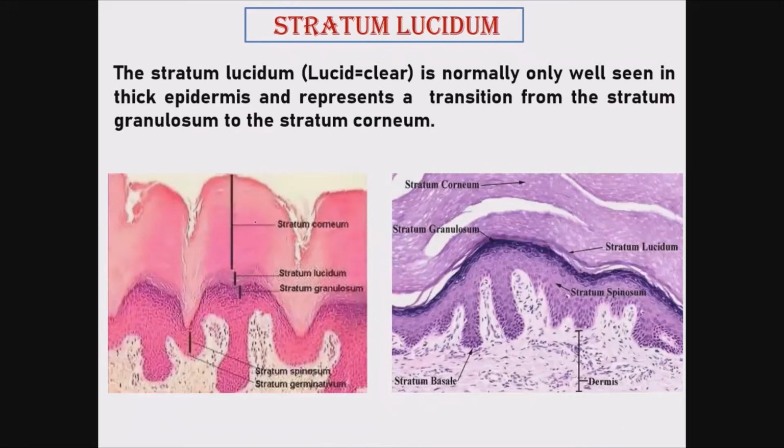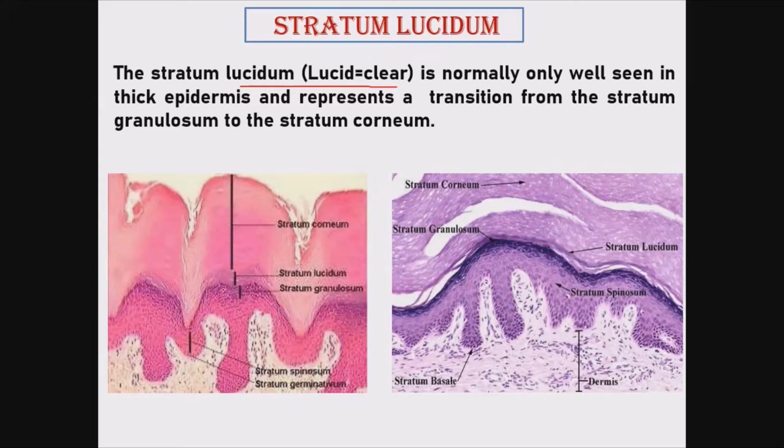The fifth layer, which is present only in thick skin, is stratum lucidum. Lucid means clear. Normally it is only well seen in thick epidermis and represents a transition from the stratum granulosum to stratum corneum.